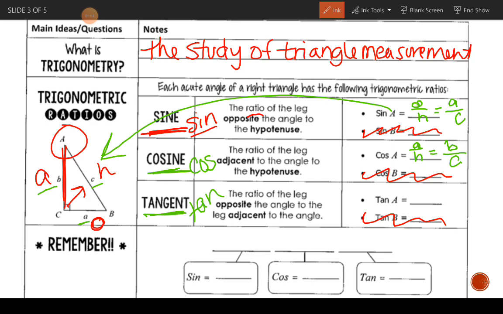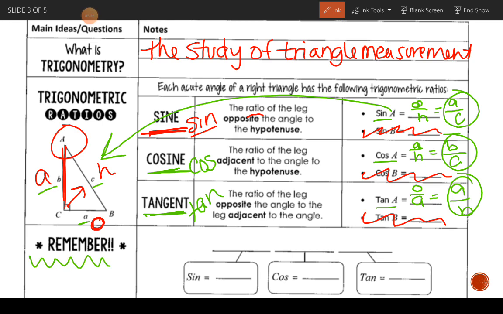That's the ratio of the opposite to the adjacent. So our opposite is A, and our adjacent is B. So here are your trig ratios: sine, cosine, and tangent, okay?